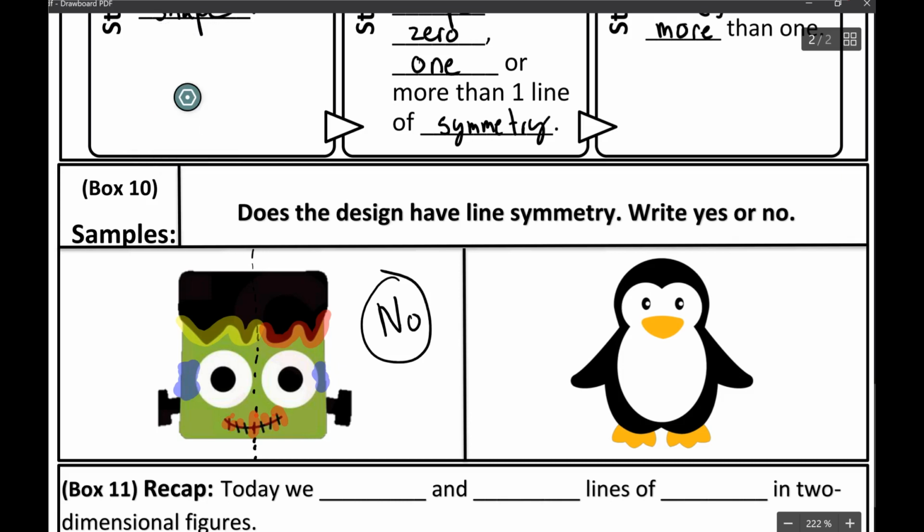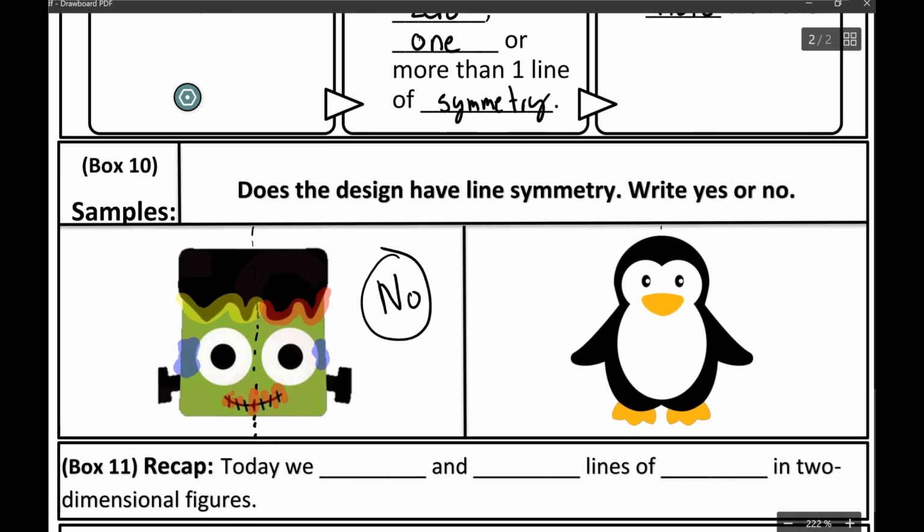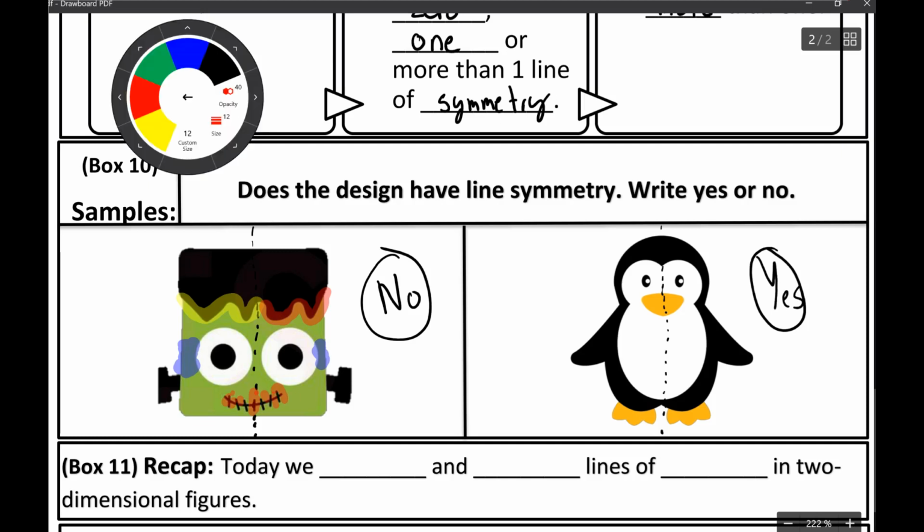So now, going into our next example, I have this penguin, and we're, again, going to cut it in half vertically, just like this. And based off of that, I would say yes. However, some of you may be a little bit more technical than I am, and you might say, but Mr. Arevalo, if you're looking at its eyes right here, technically it would not be symmetrical because of the eyes.